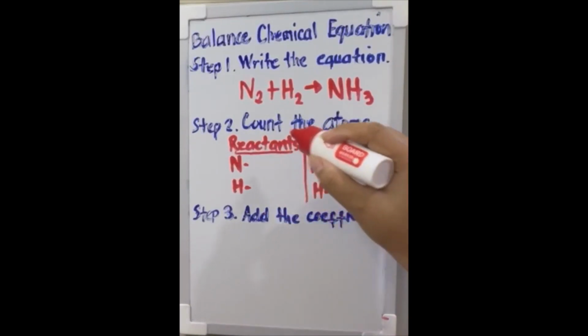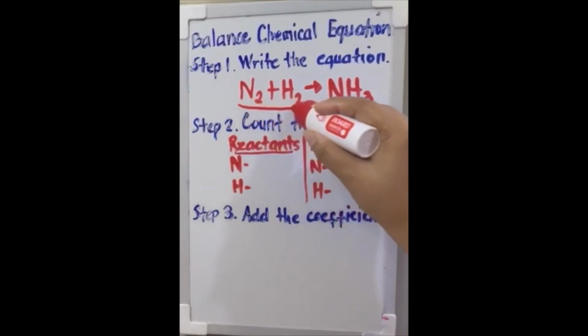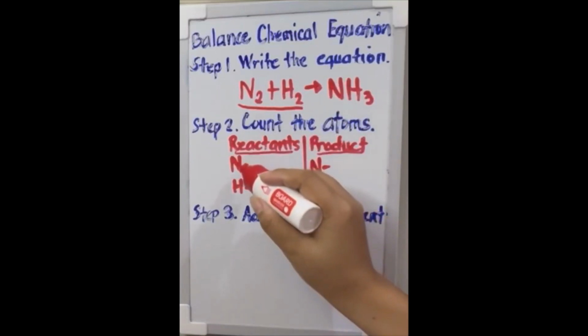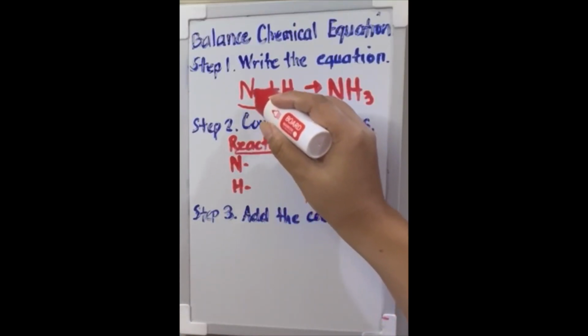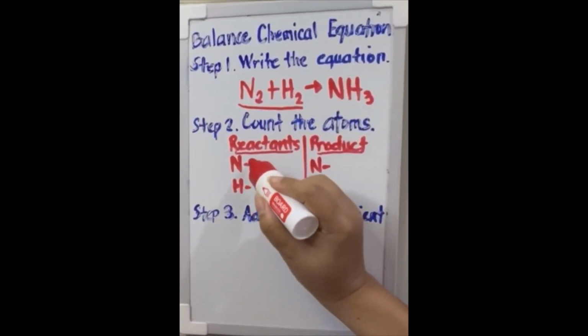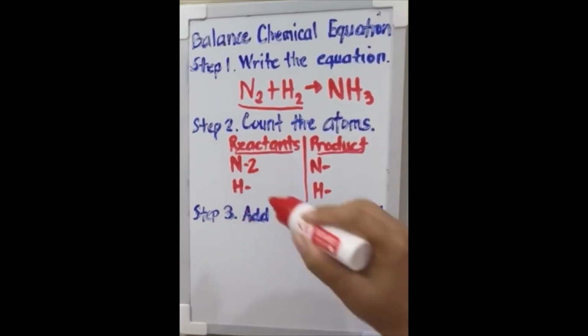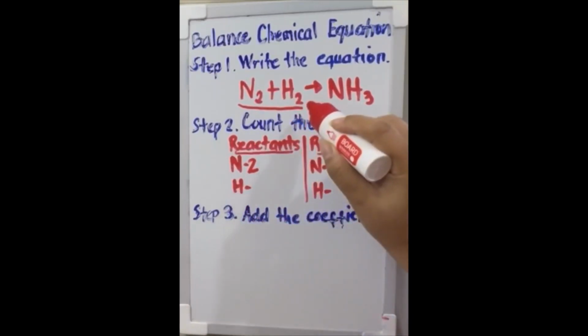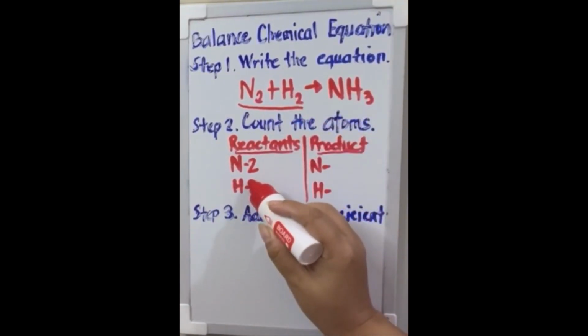Looking at the reactants, nitrogen has a subscript of 2, and the subscript represents the number of atoms in an element, so we write 2. For hydrogen, we also have 2 atoms.